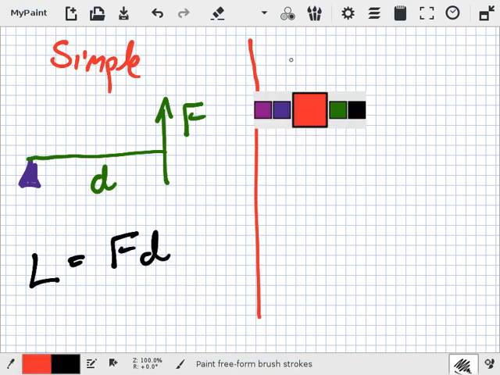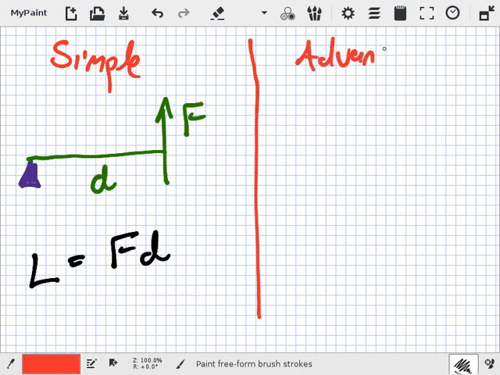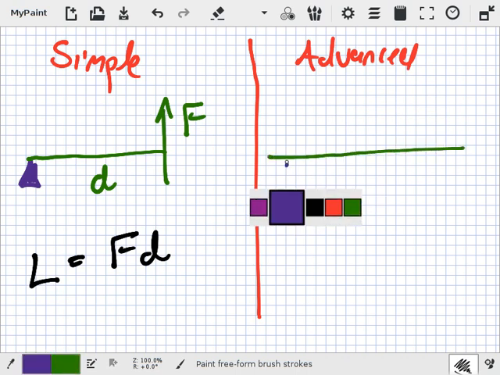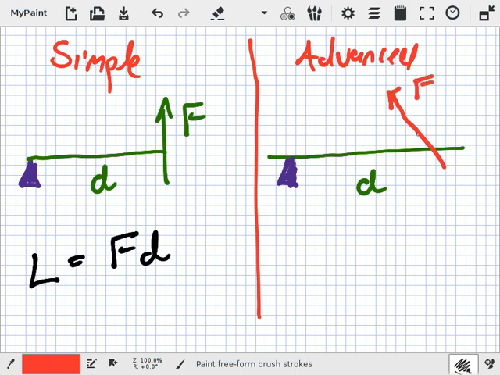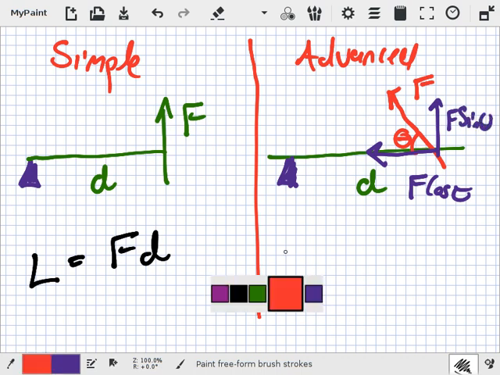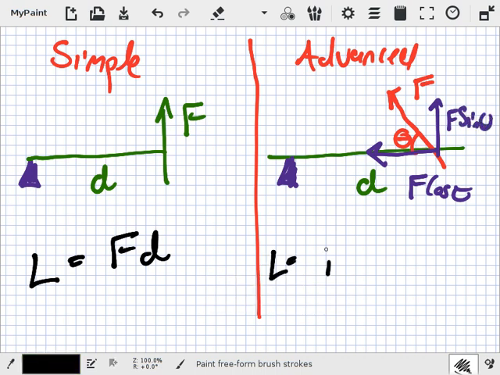And the more advanced picture, which is like this. This has two components, a piece this way, F cos theta, and a piece this way, F sine theta. So the moment here is F sine theta d.